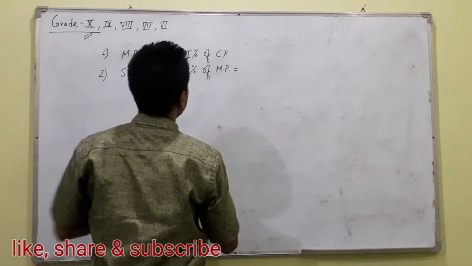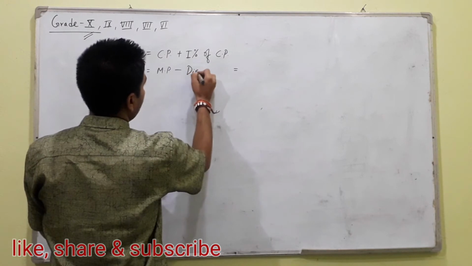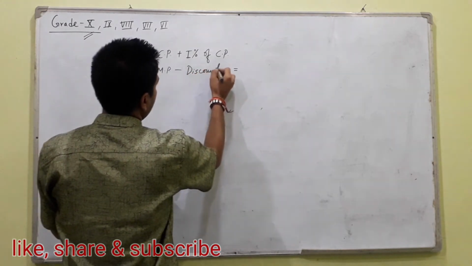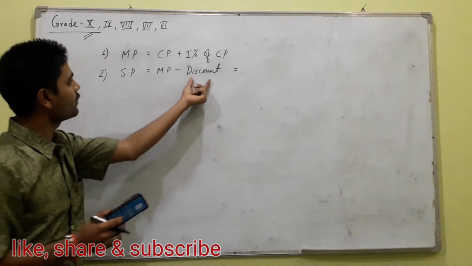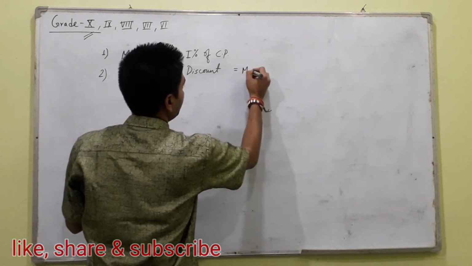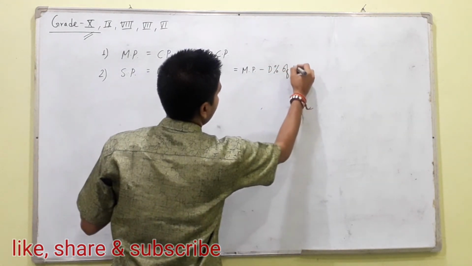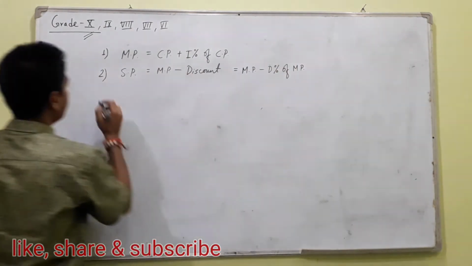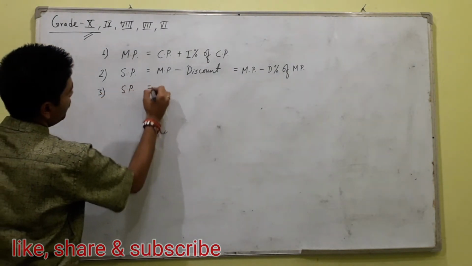Another formula: you can write mark price minus discount, meaning the selling price will be mark price minus discount, or you can also write mark price minus discount percent of mark price. Number 3, selling price.